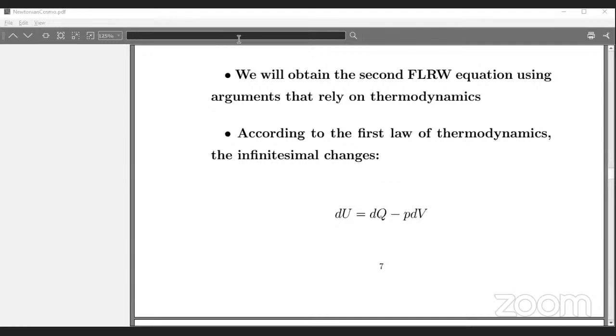But for a sphere of co-moving radius r, if the sphere is populated by vacuum energy, then d of vacuum energy density times volume is equal to, because minus p is the energy density of vacuum, which is positive, the energy density times dV, which means the energy density of vacuum remains constant.